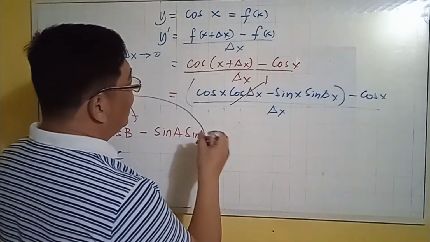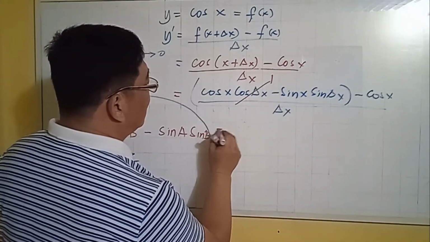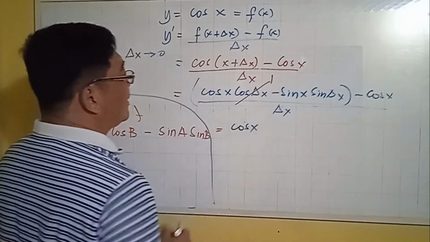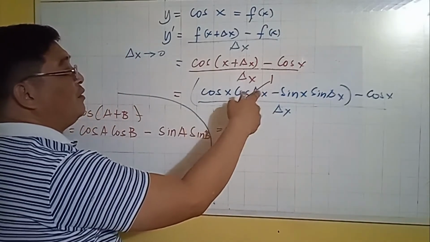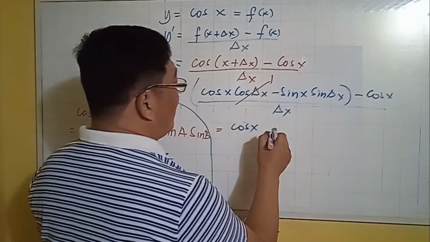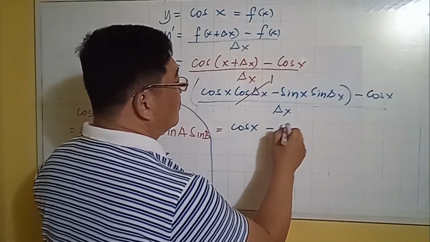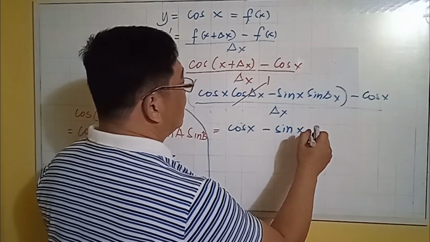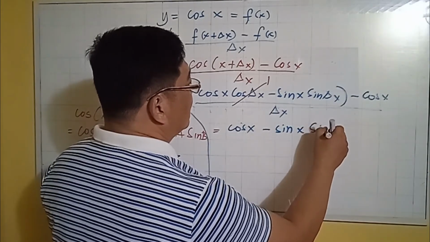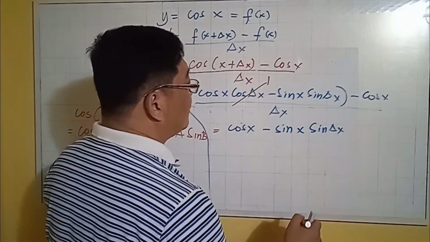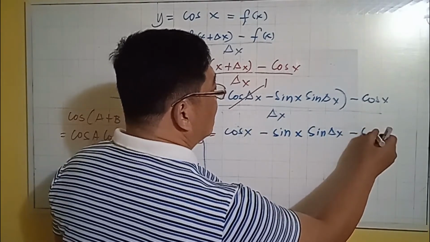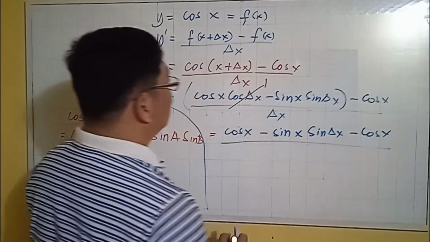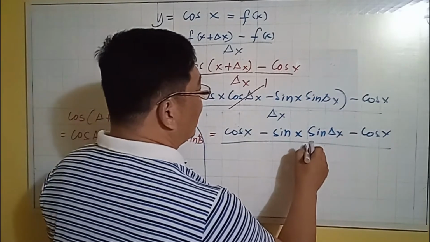So what is left is equal to cosine x times 1, that's cosine x, minus sine x sine delta x, minus cosine x, over delta x.